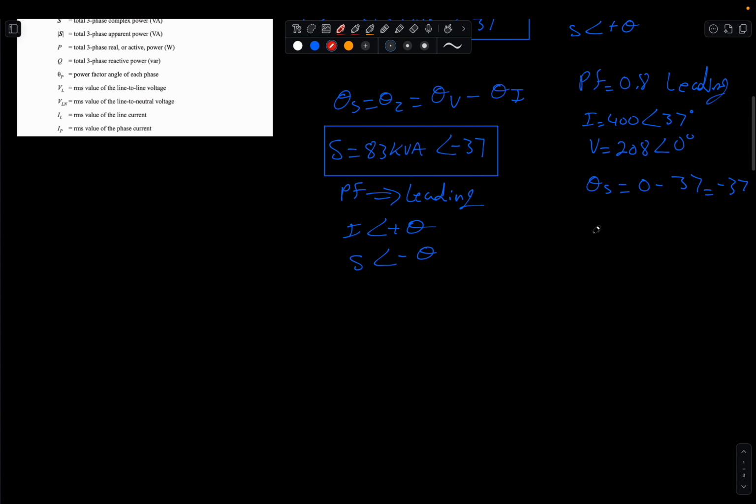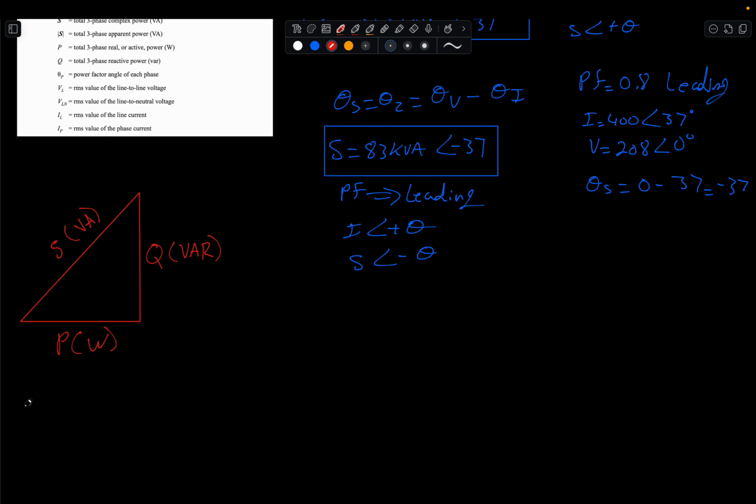So going into that power triangle, I'm just going to go ahead and draw it down here. I forgot to mention your S unit is in VA, and your reactive power is in VAR, and your active power is in watts. So you'll see kVA, kVAR, kilowatts.